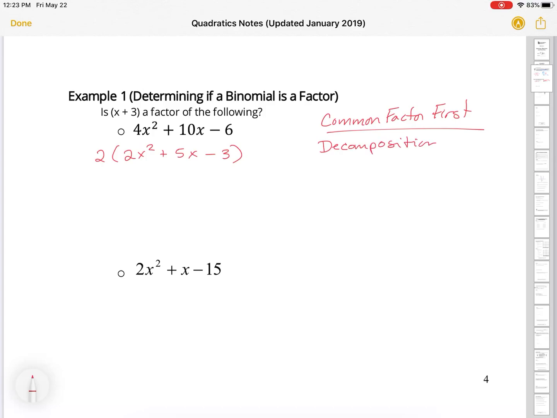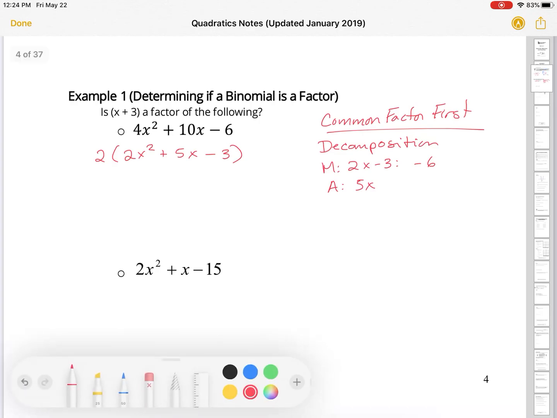Okay? So I multiply my first and last terms, and I get -6. So I want two numbers that multiply to give me -6, and they have to add up to that middle term because that's the one I'm going to break apart. So they have to add up to +5.